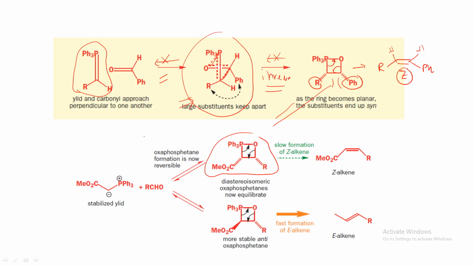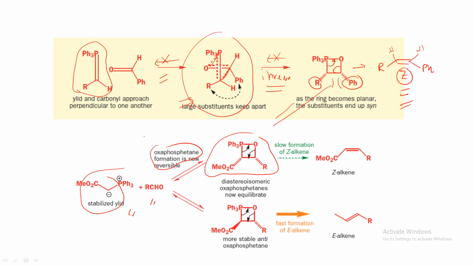And from here the molecule has two choices: to form this type of molecule or to generate an unstable ylide. The molecule generally chooses this, and that's why we have the Z product. But in the stabilized ylide case, this step is reversible, because this is a stabilized ylide, and the molecule can easily regenerate two stable molecules.